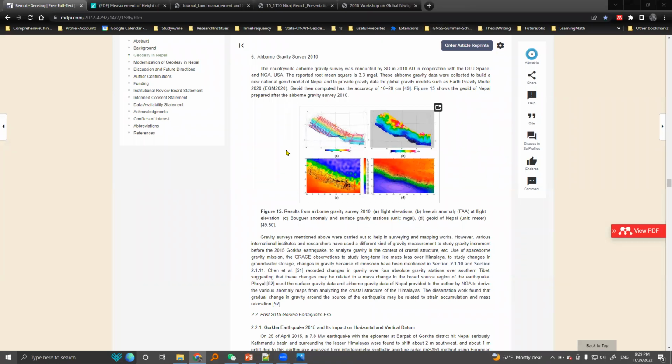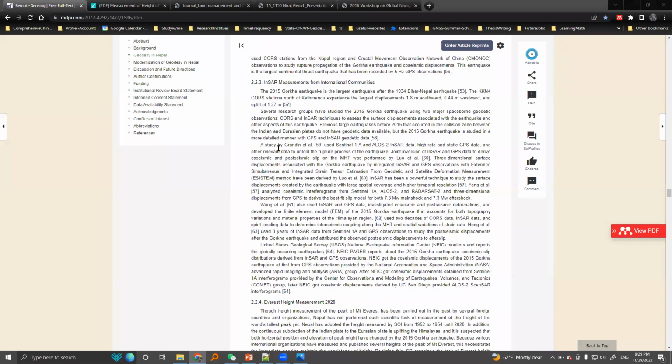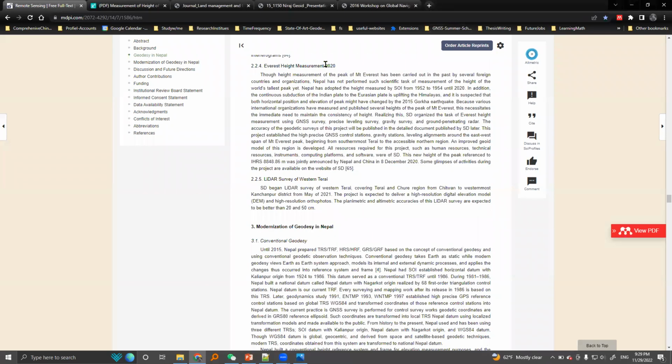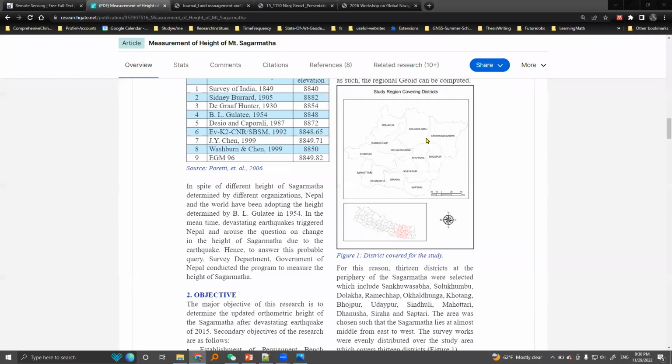So these activities happened till 2010, and in 2020, the Survey Department carried out the Everest height measurement project. During that project, the Survey Department carried out a surface gravity measurement survey focused on the Sagarmatha region. This red region is the Sagarmatha region, and in that region the Survey Department carried out surface gravity measurement.